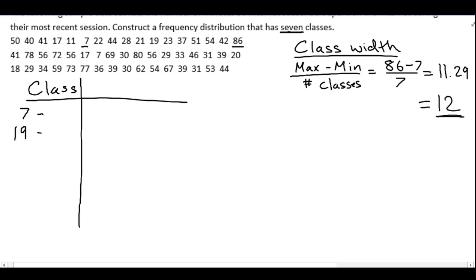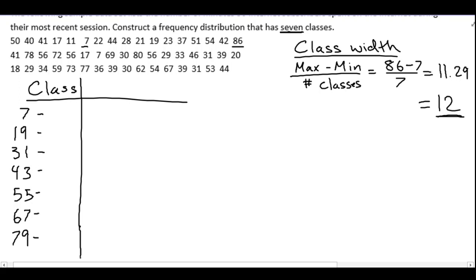So 19 plus 12 is going to give me 31. And the next ones after that will be 43, 55, 67, and 79. These are the beginnings of each of your classes for all 7 classes.